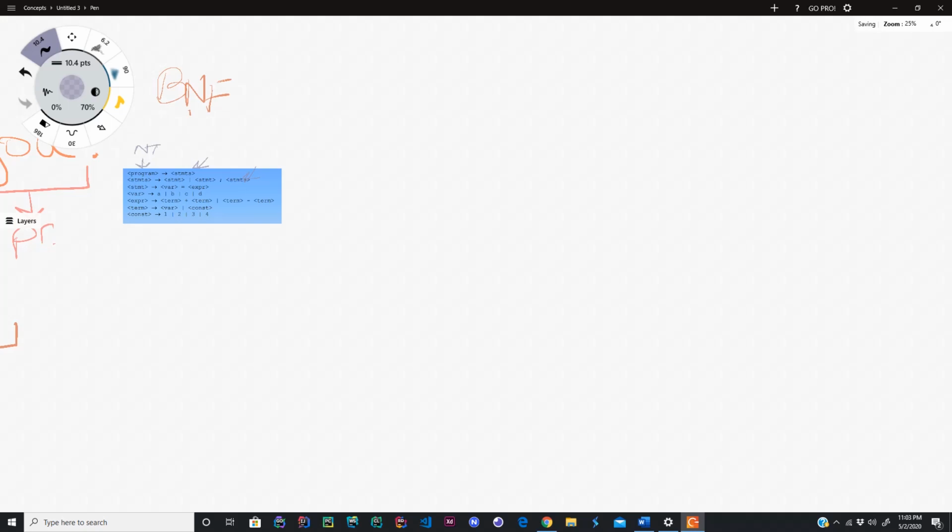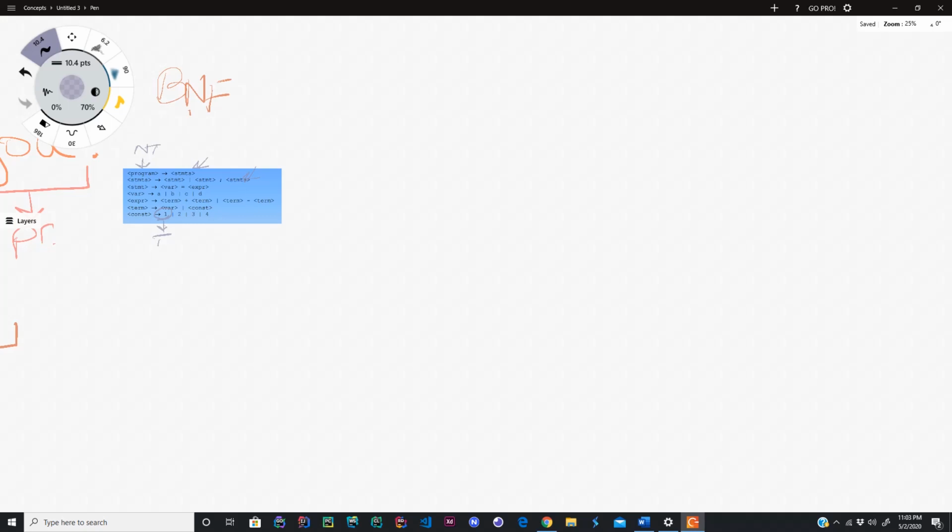And they have a terminal, like this, which cannot be described by anything. It's the lowest unit. You can't go any further than that. Non-terminals are described by either all terminals, or a non-terminal and a terminal, or just non-terminals. That is the simplest part of it.